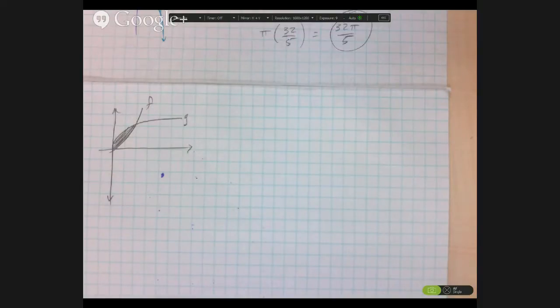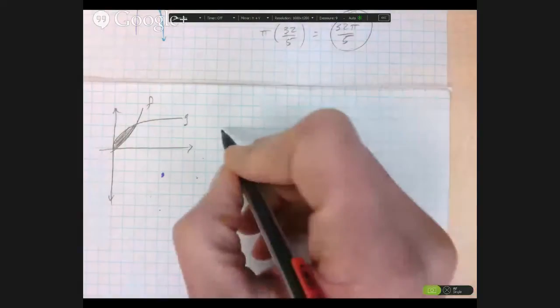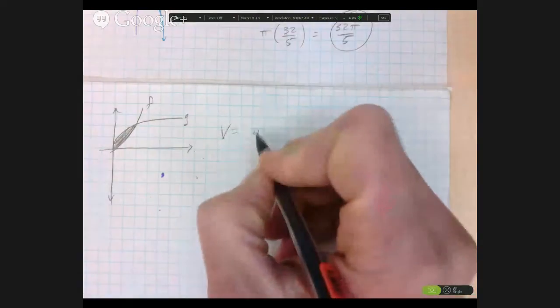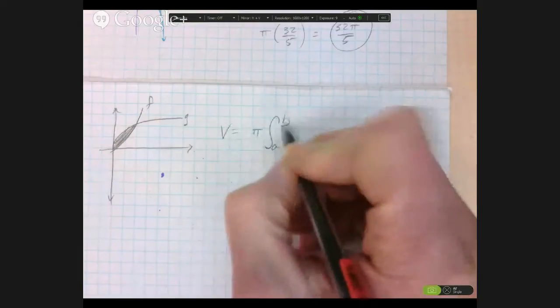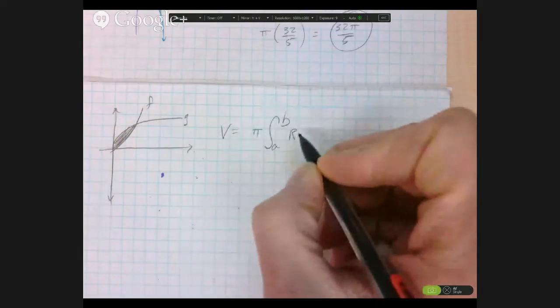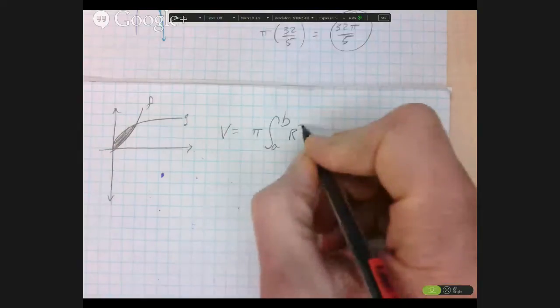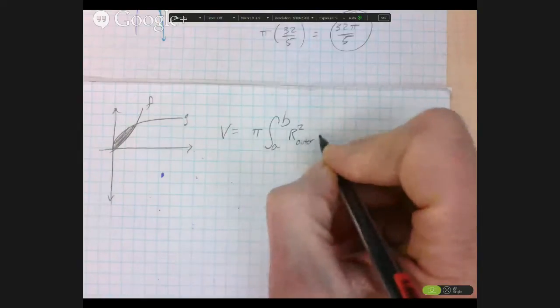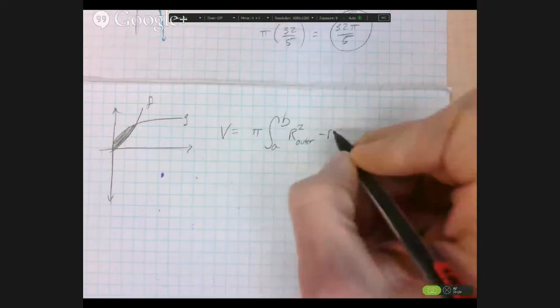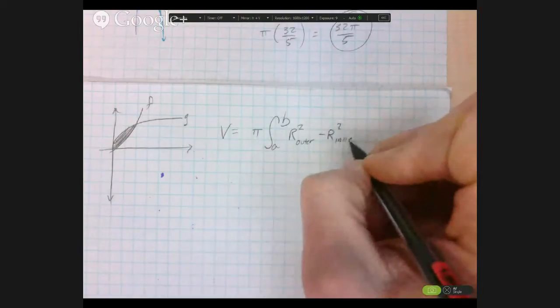Any ideas on how to do that one? Just find both of them and subtract. Yep, pretty much. You know how to find the area of that, you subtract, right? It's the same idea. So the volume is pi times the integral. Is that the volume equation for all?